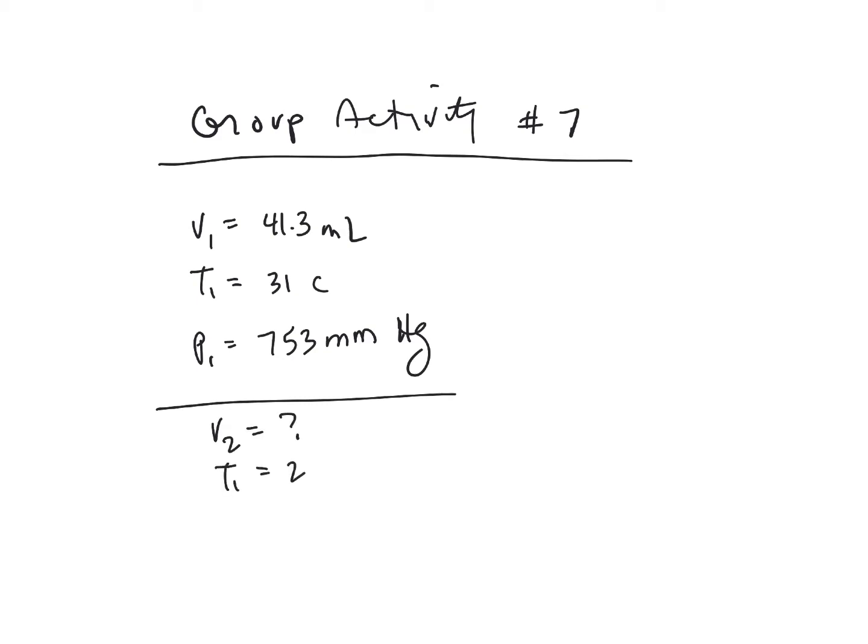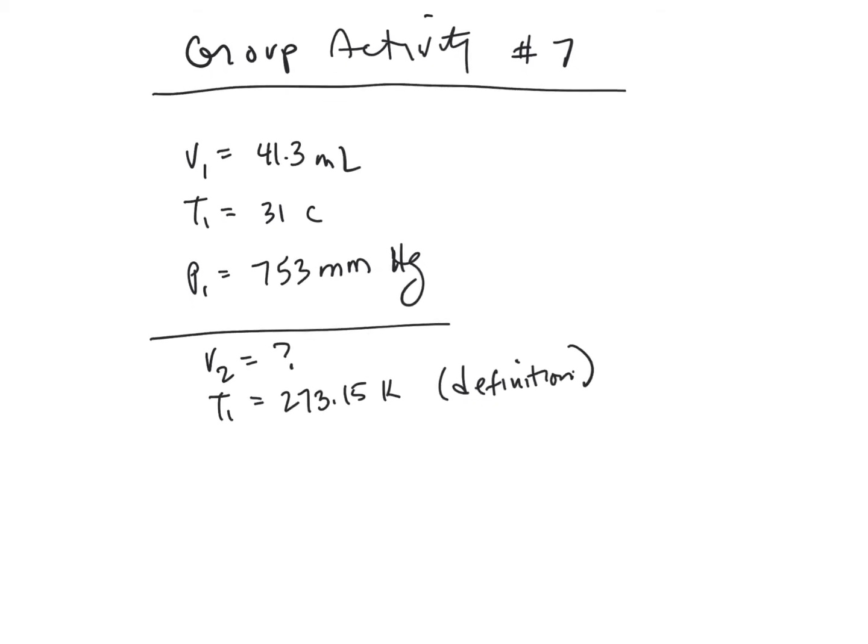Okay, so V2 is what we're looking for. T2 is going to be equal to 273.15 Kelvin. This is by definition. Okay, standard temperature, and standard pressure, whoops, this is T2, sorry. And then P2, which is the standard pressure, is 1 atmosphere, with as many zeros, 1.000, as you need.